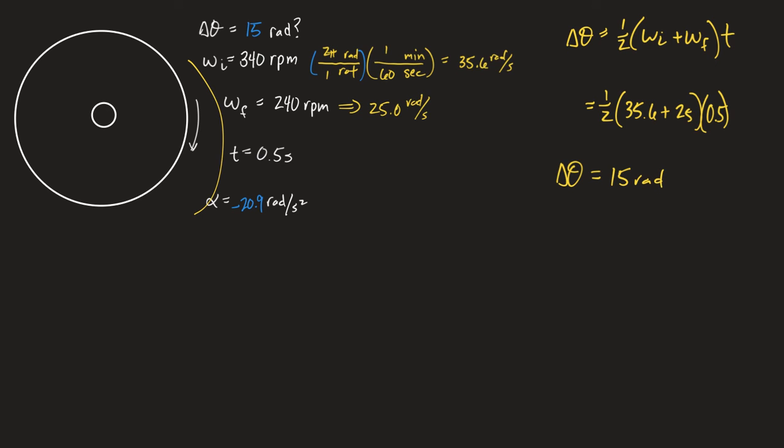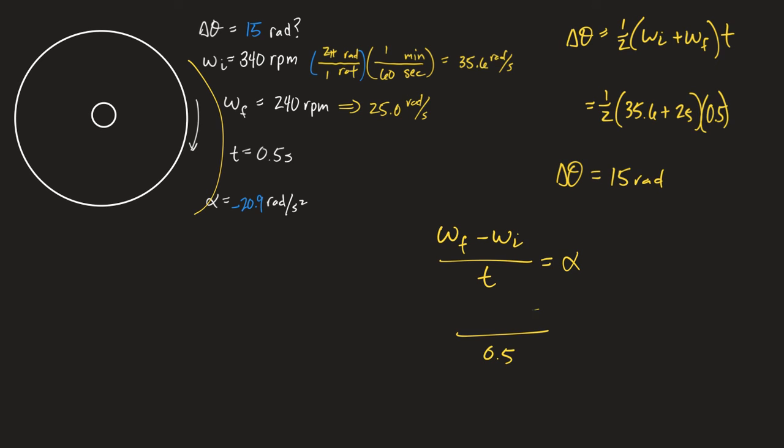Again, based on having these four things, I used final minus initial divided by t to give me acceleration. It's the same equation, I just solved it for acceleration. So 35.6 minus 25 divided by 0.5.